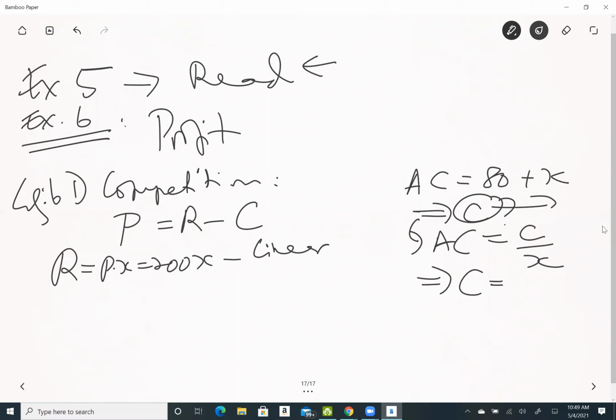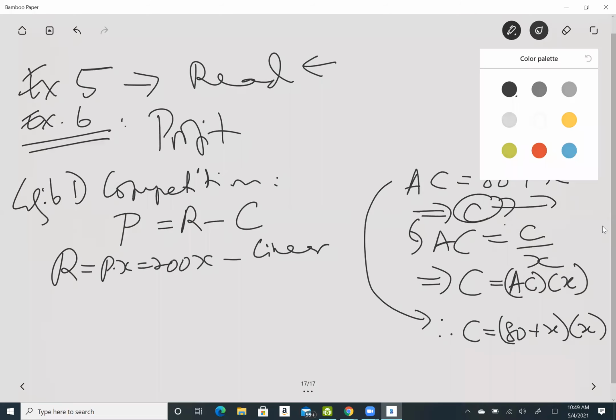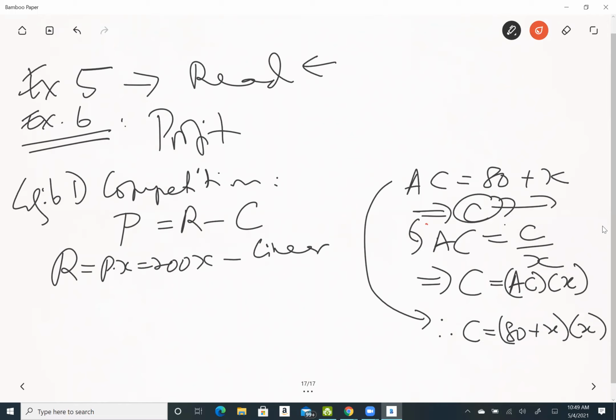Multiply by X. So the average cost, you multiply by X, you get the cost. So given the average cost 80 plus X, therefore cost is equal to 80 plus X multiplied by X.